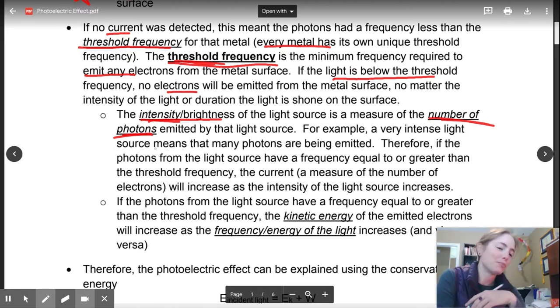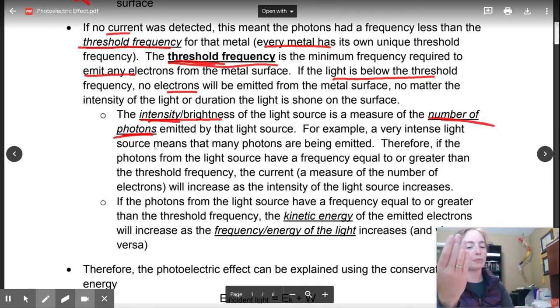So let's go back to our bowling pin example. The brightness of light is not going to impact how many electrons come off. Let's try this again. It's not going to impact if an electron is going to come off. If you throw one ball at the bowling pin with a very small amount of energy, you can't knock it over.